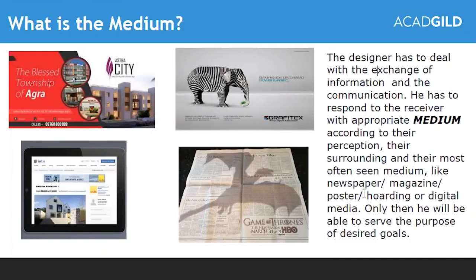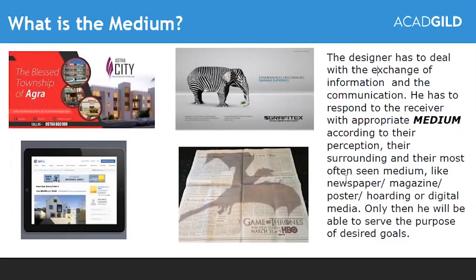If you don't know whether this is a newspaper, a magazine, or a poster, because newspaper has different paper, magazine has different paper, poster has different paper. If you know the medium, then we can easily think how the design will look when printed.